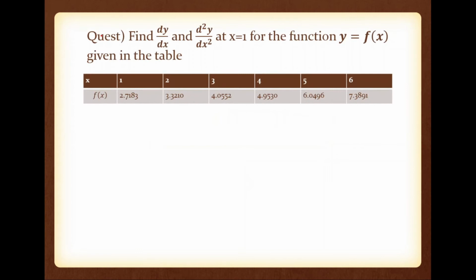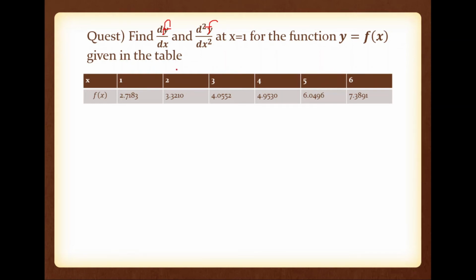So please note down the question. Find dy by dx. Actually, it is df by dx, this is f of x, and d square f by dx square at x equal to 1 for the function y equal to f of x given in the table.